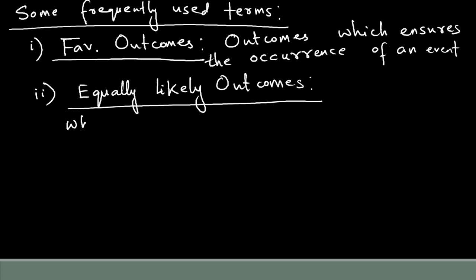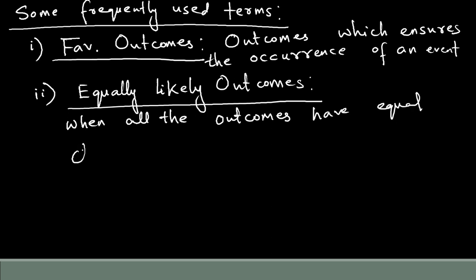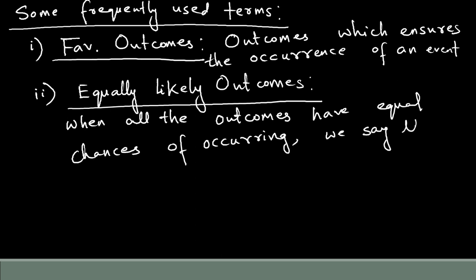When all the outcomes of an event, or random experiment, whatever, have equal chances of occurring, we say the outcomes are equally likely.